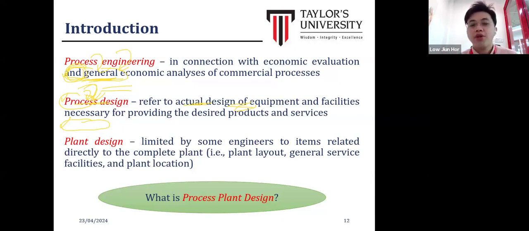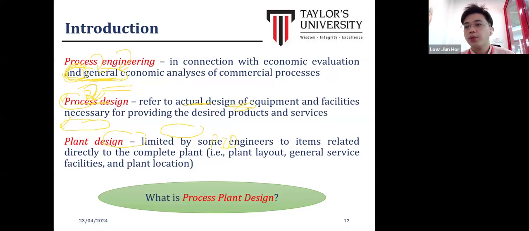For example, you have to know how to prepare the complete plant layout. You have to know how to select a suitable location in order to construct the plant that you are going to design. Okay? And also you have to know how to design the P&ID.